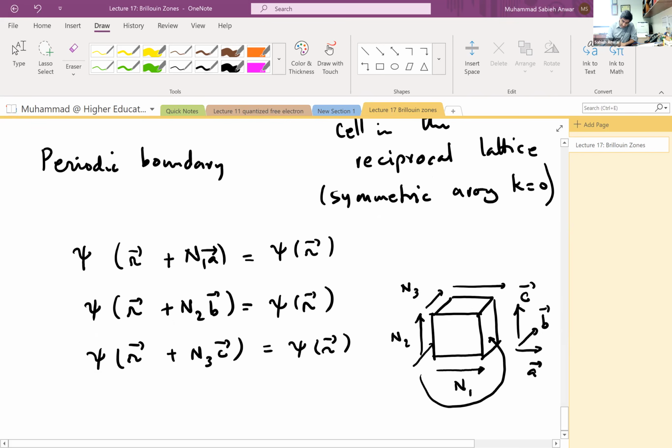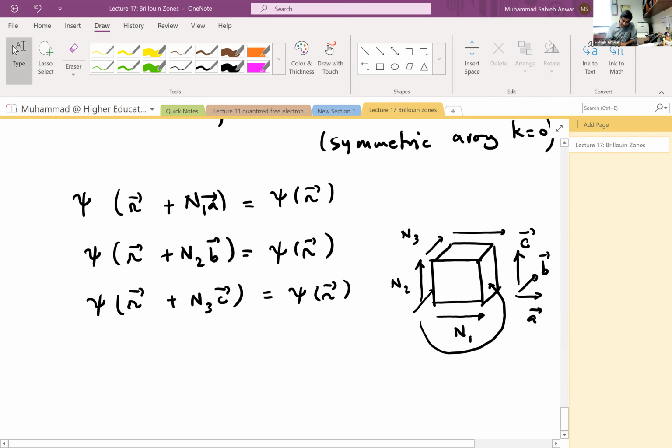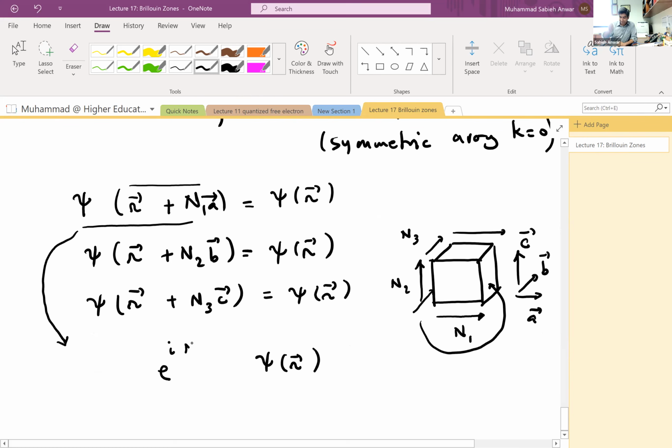Now, I also know what the Bloch theorem is. The Bloch theorem tells me that this thing here is going to be equal to psi of r times e to the i. Now, what's the separation between r and this point? We have n1a units away, and I multiply this with k.